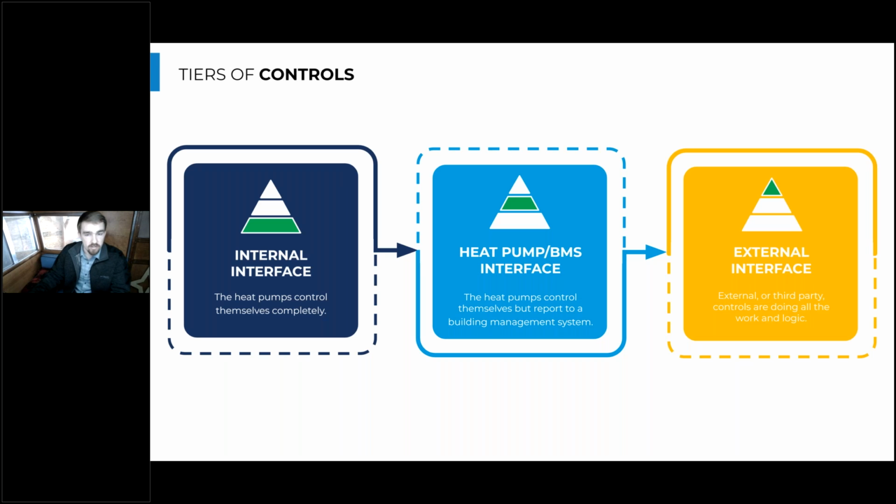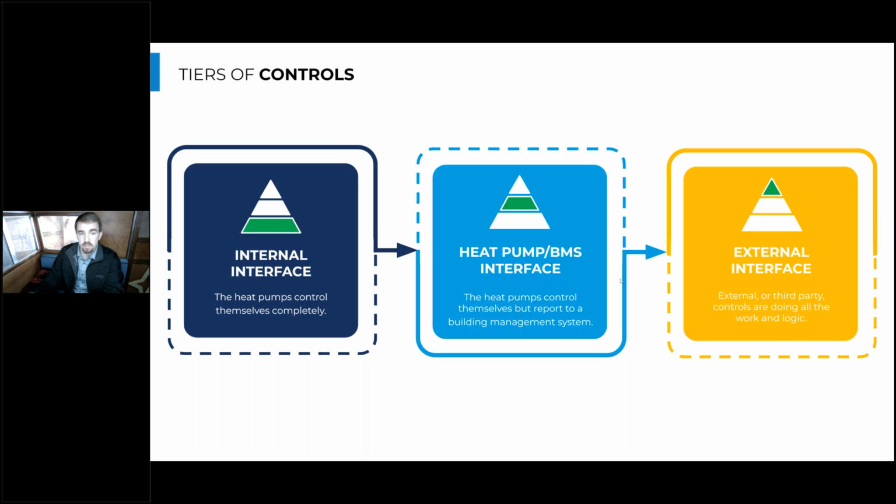When we talk about controls, there are a few different ways to go about it, and there are different levels of controls that have different advantages and disadvantages. So the first level is going to be the internal interface, where the heat pump's onboard controls tell it exactly what to do. Usually that will mean there's a computer on the heat pump and it runs its own sensors out to the tanks, and it will react based off the tank temperatures.